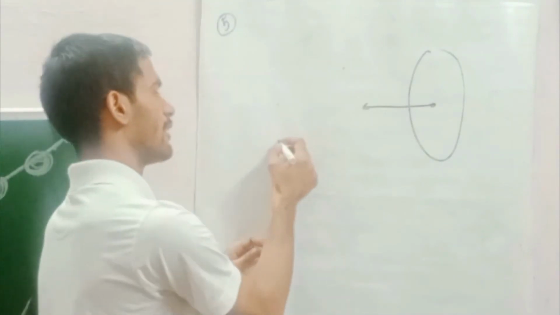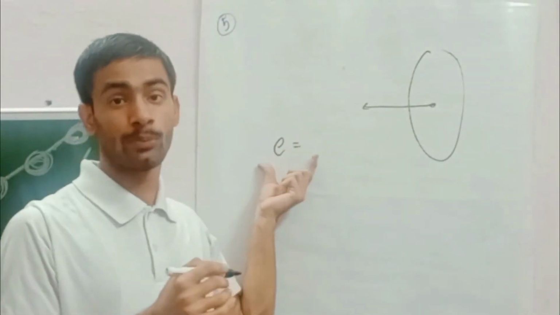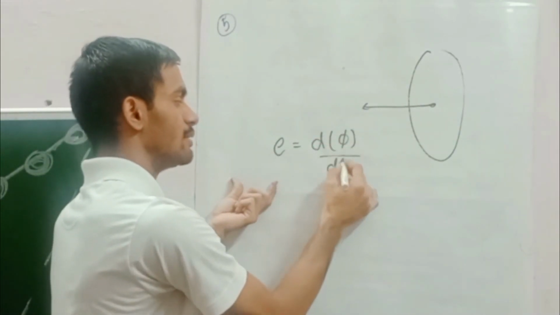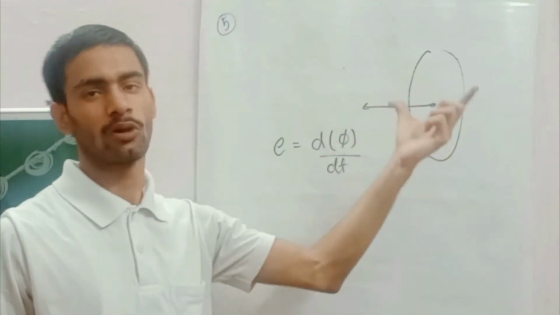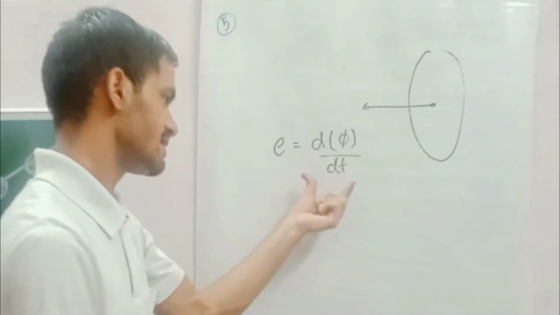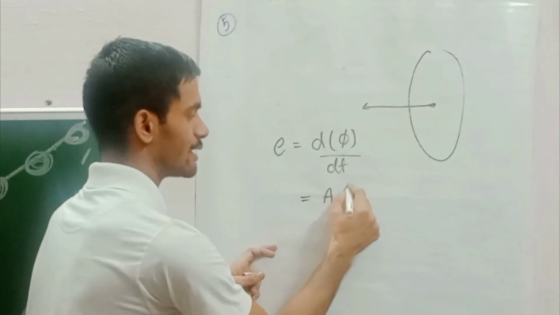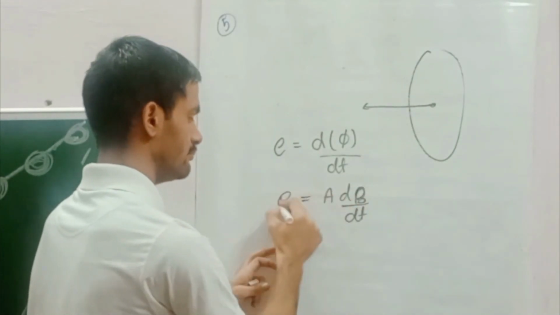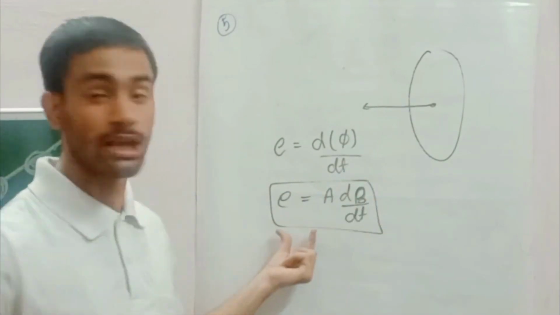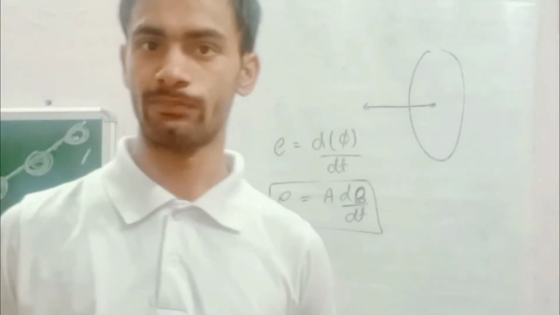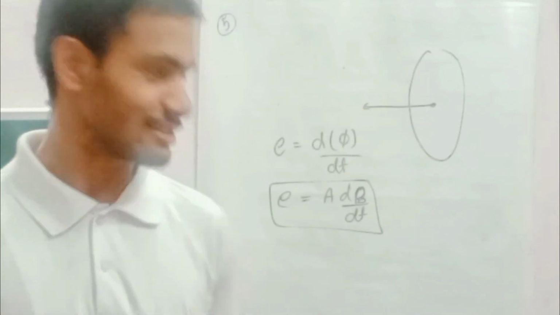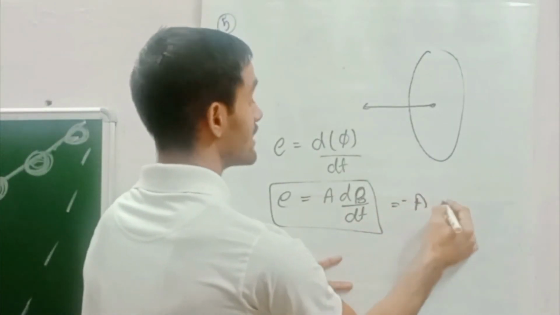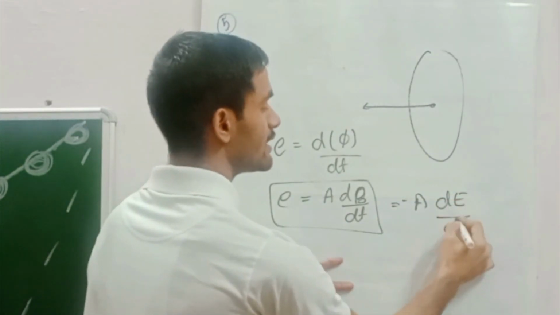From Faraday's concept, maximum EMF would be induced if there is maximum flux change linking with the loop, which in turn can be written as A into dB by dt. So EMF is directly related to the magnetic field. One more thing, this can again be changed into A into minus dE by dx.